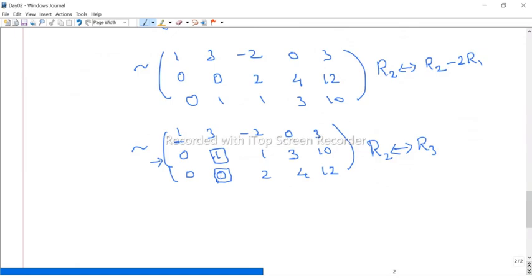Now we scan the third row. We get a first non-zero entry here, but it is not equal to 1. Therefore, we have to make this position 1, so we divide the entire row by 2. That is the next thing we have to do. Next, we keep the first row and then the second row.